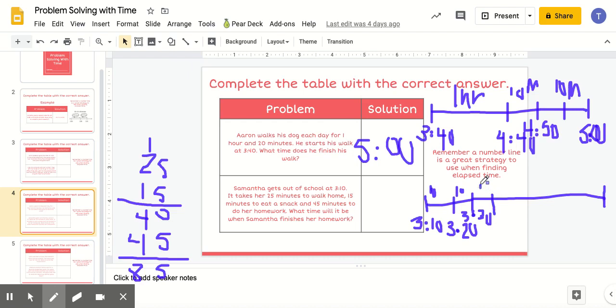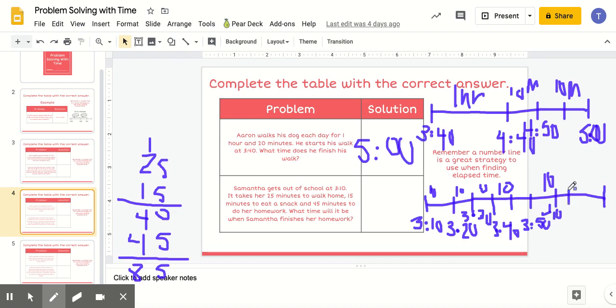Plus 10 more would be 3:40. Plus 10 more would be 3:50. Plus 10 more would be 4 o'clock. Oops, the 10 should go up here. And then this should be 4 o'clock.